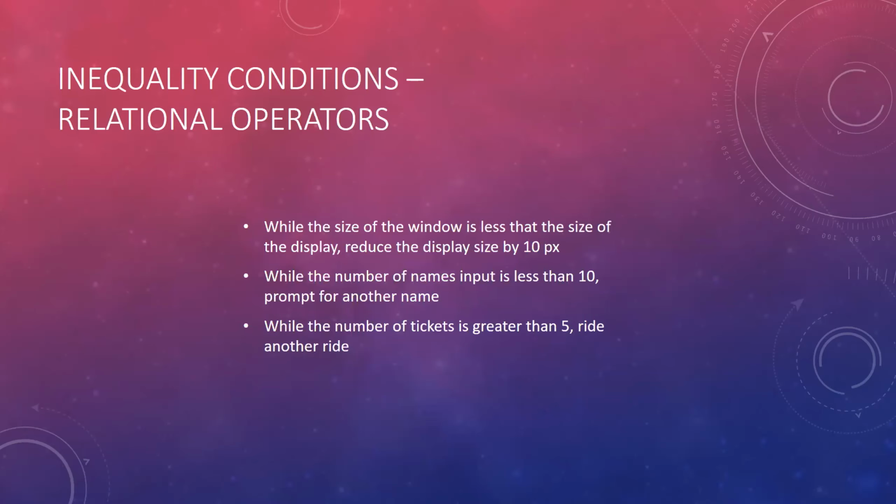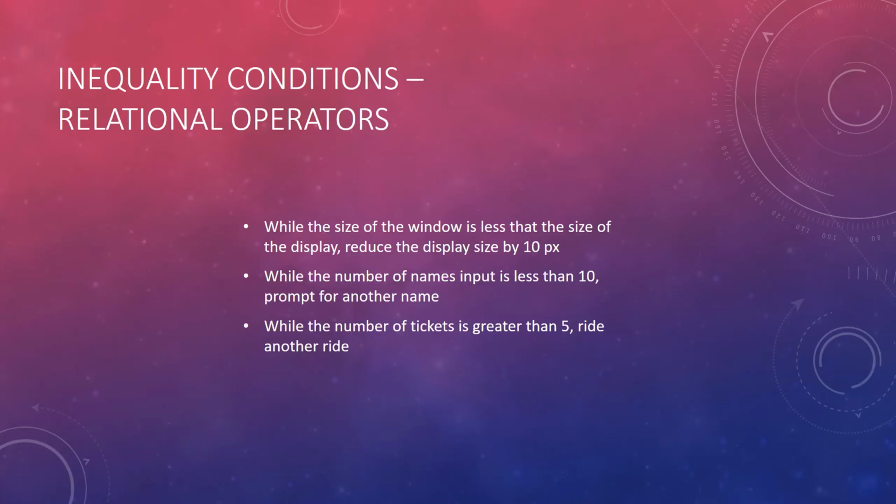I could have a loop that reduces the size of that display by 10 pixels every iteration until it finally gets to be small enough to fit within the display. Or I could have a loop that checks to see if the user has input 10 names. If they haven't, I would continue and keep prompting until we get 10 names.